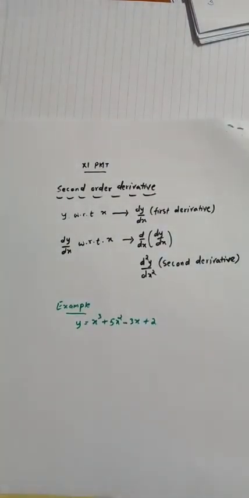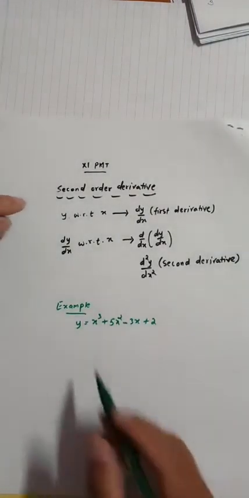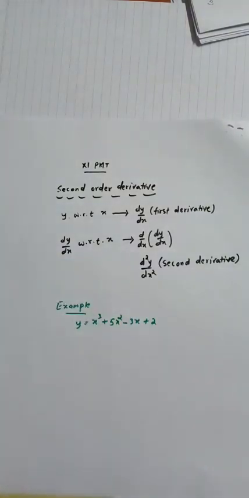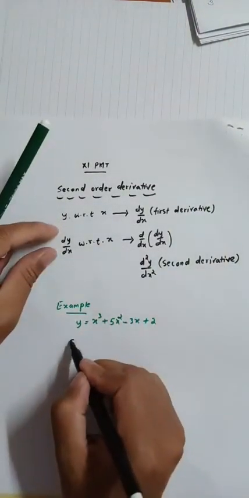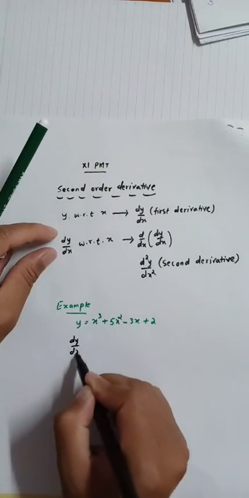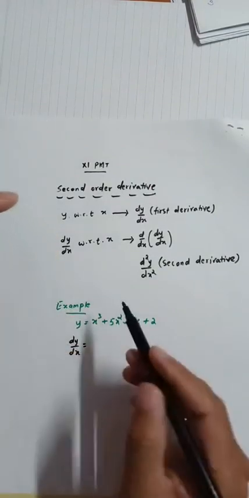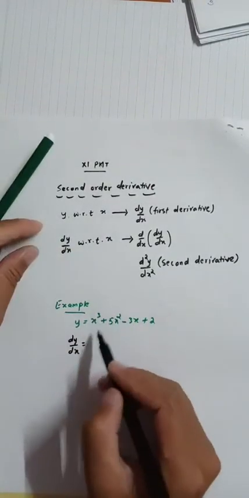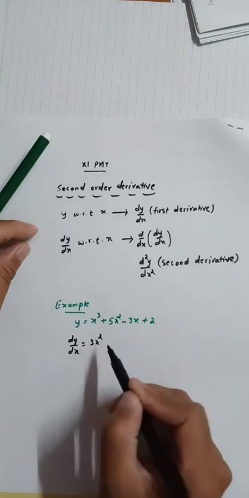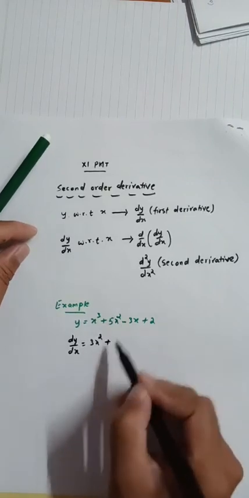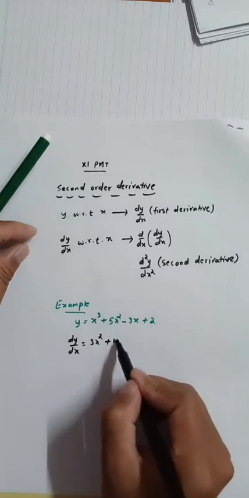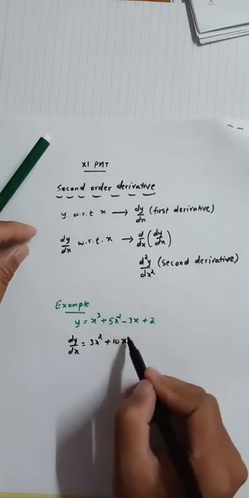We differentiate the function. First we find the first derivative, dy over dx. Differentiating x cube gives 3x square. Plus 5 times 2 is 10x, since 2 minus 1 is 1.